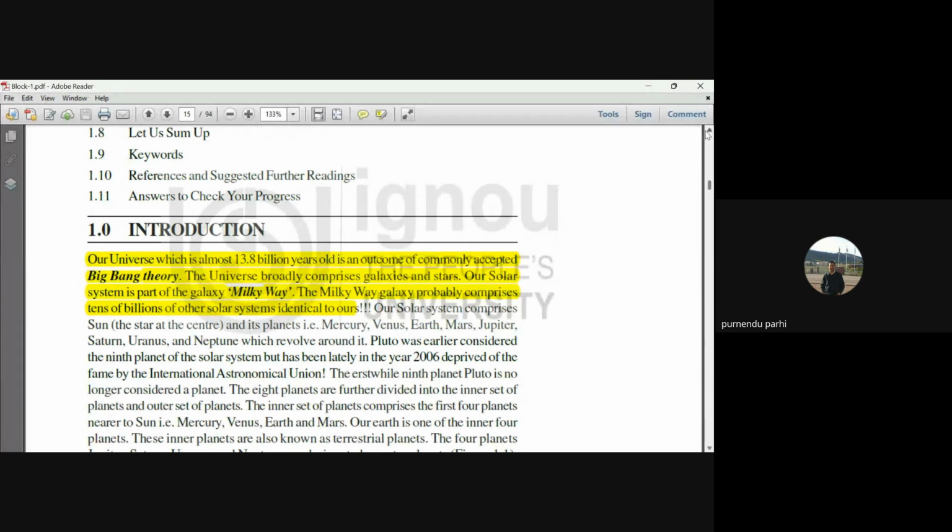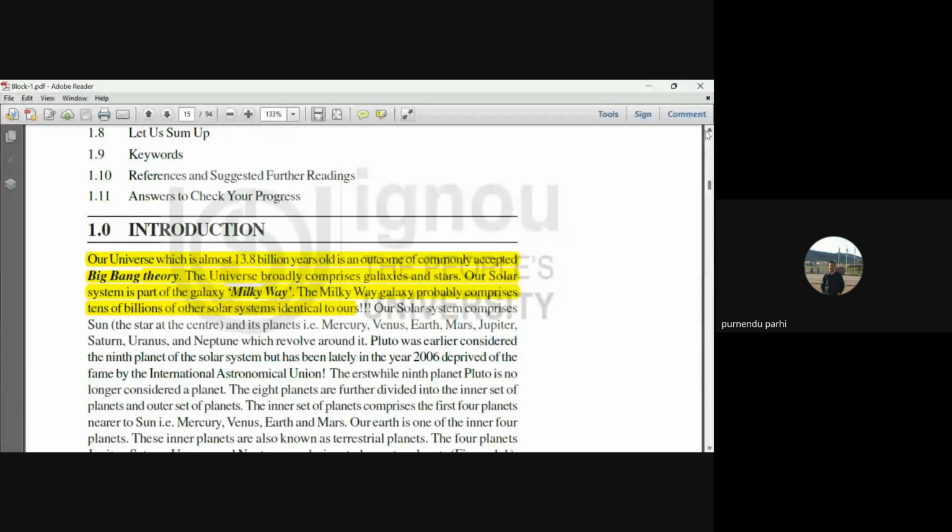The Milky Way galaxy probably comprises tens of billions of other solar systems similar to ours. There are other solar systems, some we know and some we don't know, but they exist. Our solar system has Mercury, Venus, Earth, Mars, Jupiter, Saturn, Uranus, and Neptune, which revolve around the Sun.